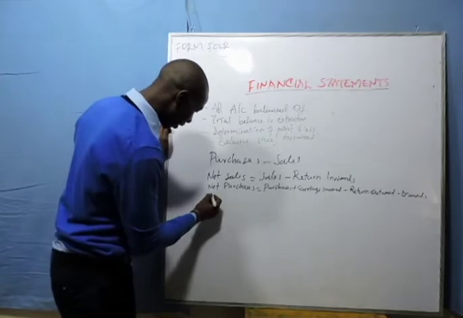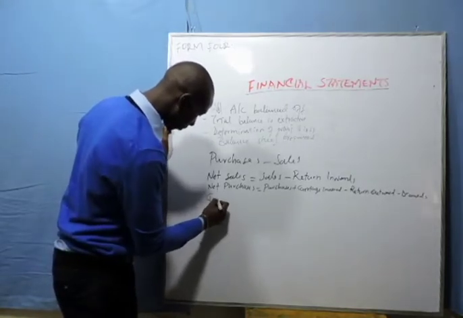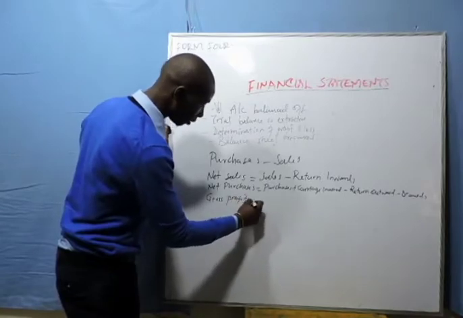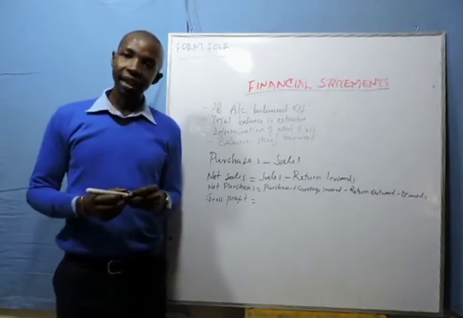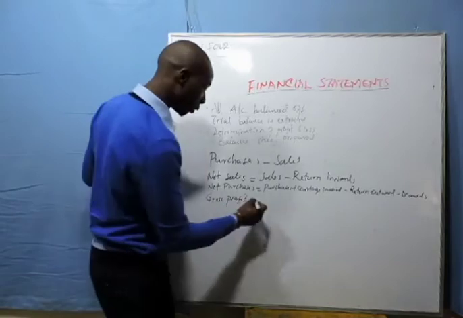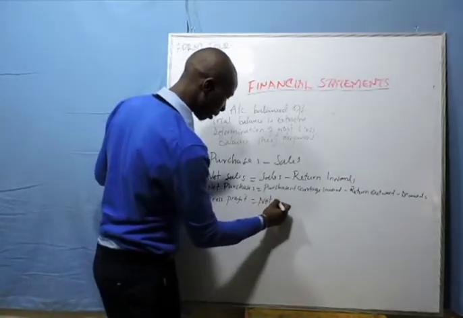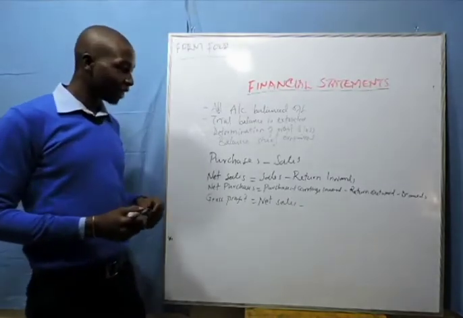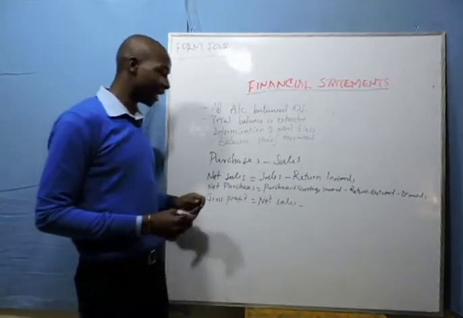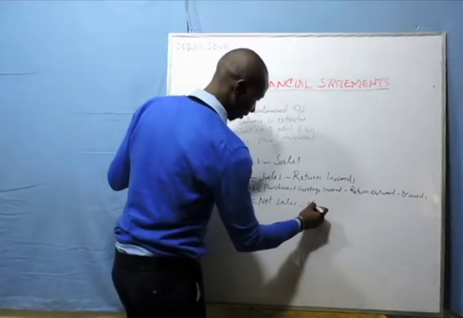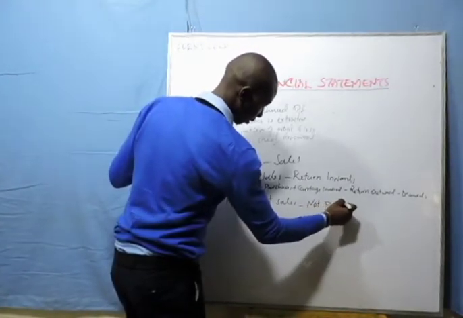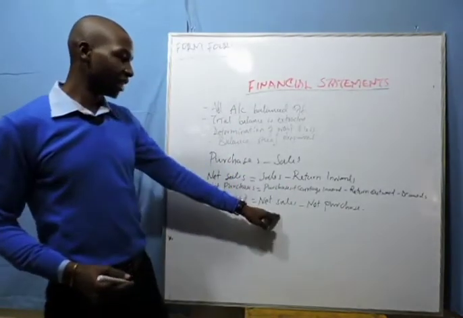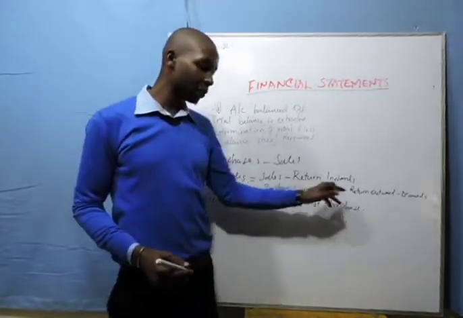Gross profit is found by the difference between the net sales minus the net purchases.